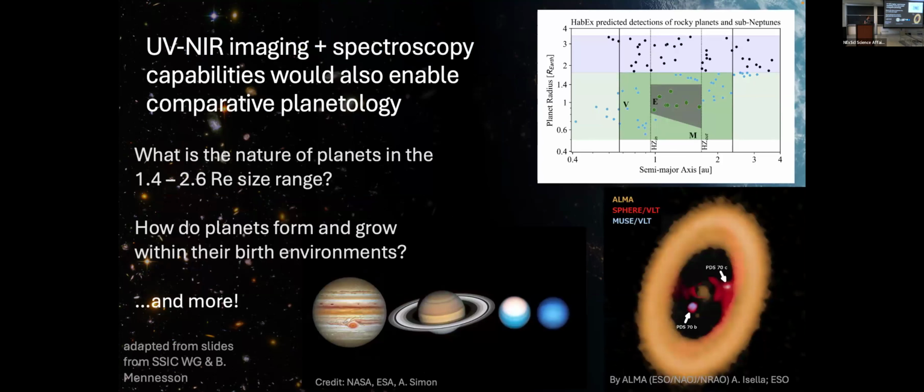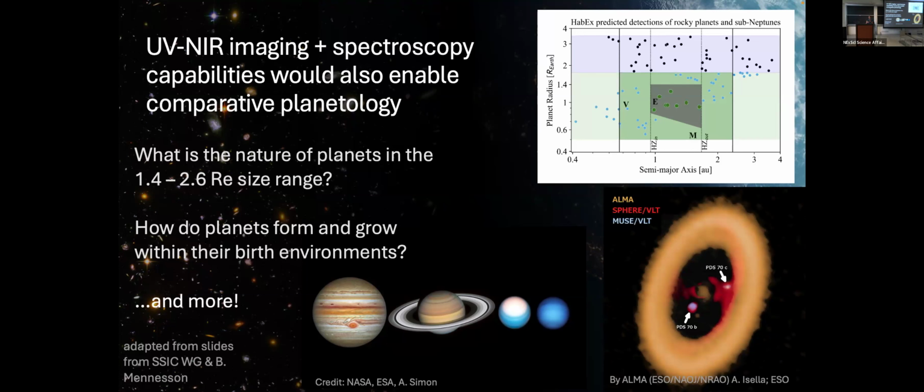And once we have something that can image an Earth, we can ask a lot of questions. We can study super Earths and mini Neptunes. We can characterize their atmospheres, understand these two classes of populations. In the upper right is an example of the number of super Earths and mini Neptunes you might detect within the habitable zones just in the course of surveying for your small rocky planets.